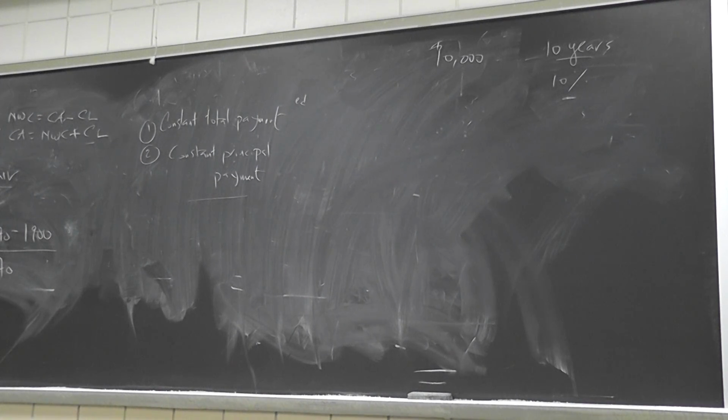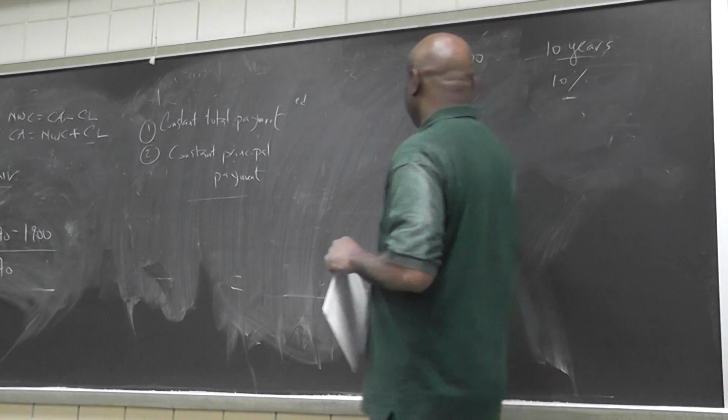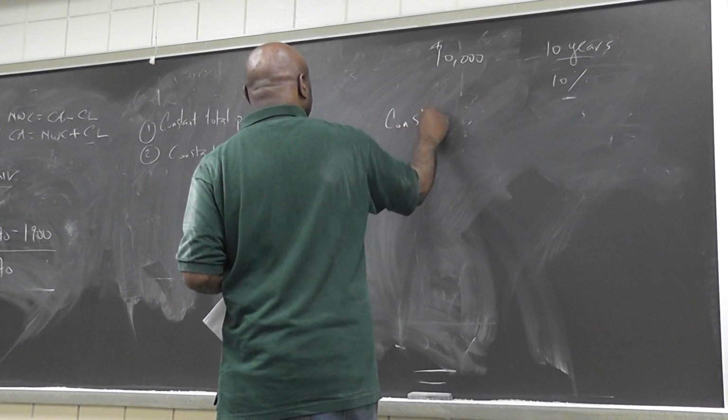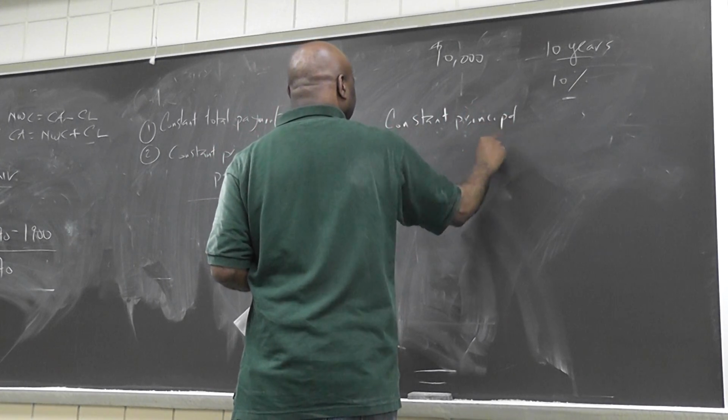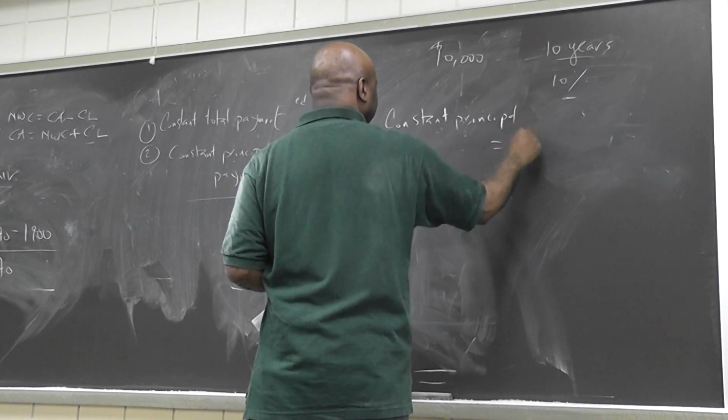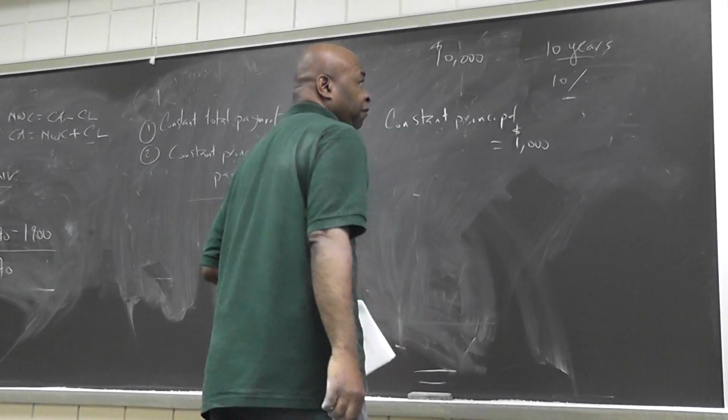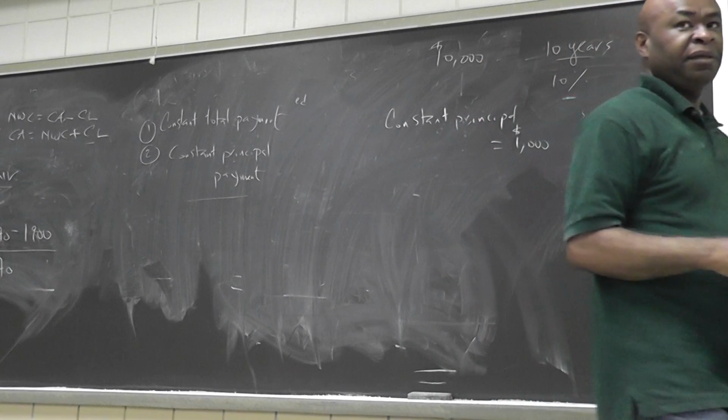My constant principal will be 1,000 because I want to make sure that I reduce my principal by 1/10 each time, right? So my constant principal is 1,000. So therefore, what is my first payment?